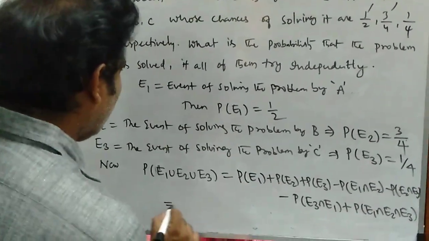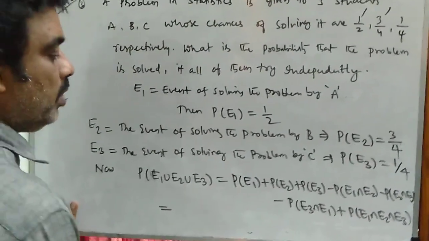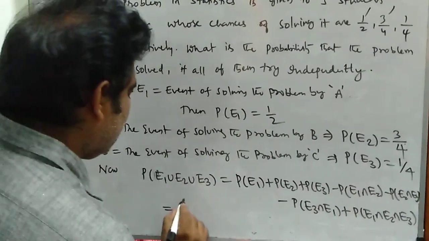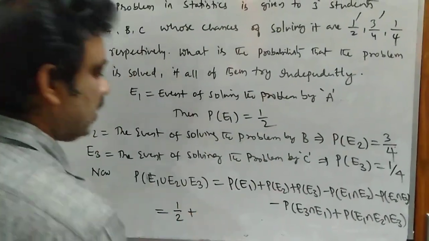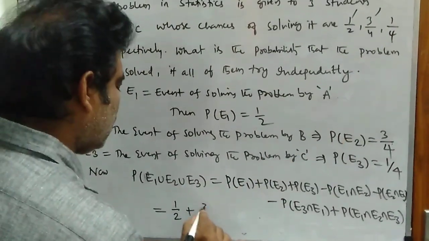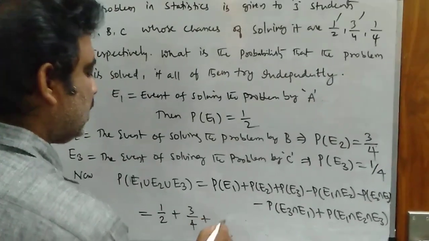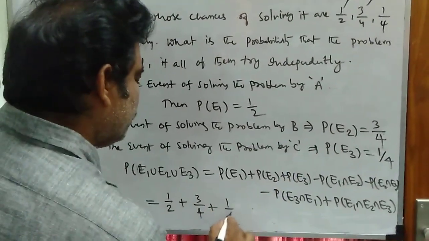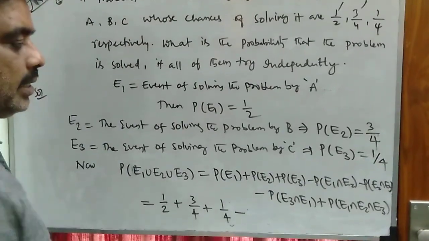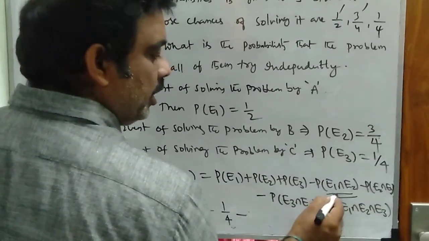So that is equal to, substitute the respective probabilities. P of E1, that is 1 by 2, plus P of E2, 3 by 4, plus P of E3, that is 1 by 4, minus P of E1 intersection E2.